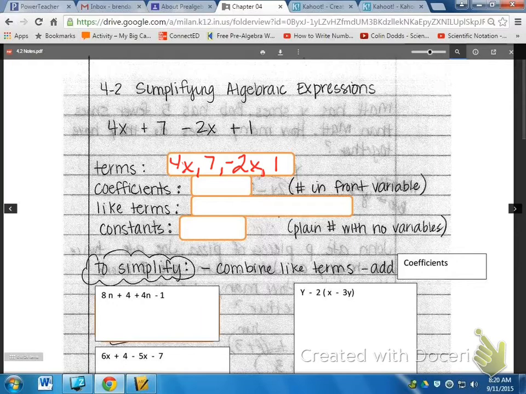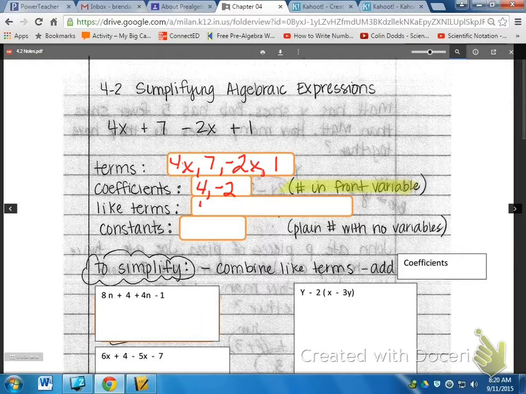Coefficients. Coefficients are the numbers in front of the variables. So we only have 2 terms with variables, so there's only 2 coefficients, and that would be 4 and negative 2. Notice you still have to call that a negative 2. And like terms are the ones that have the exact same variables. So we have actually 2 sets of like terms in this expression.